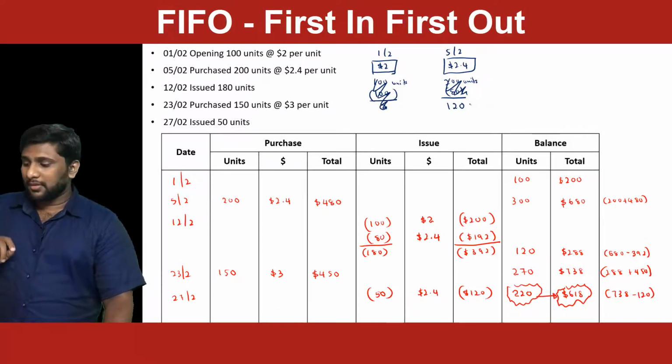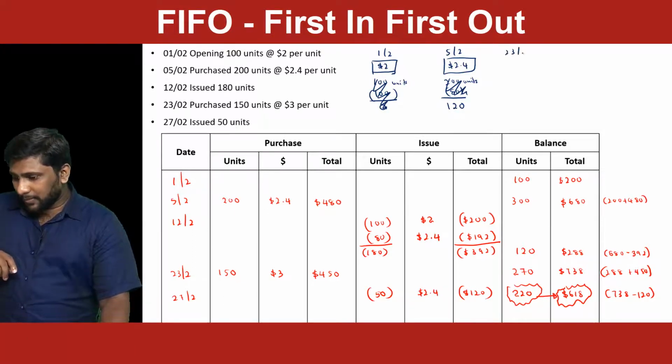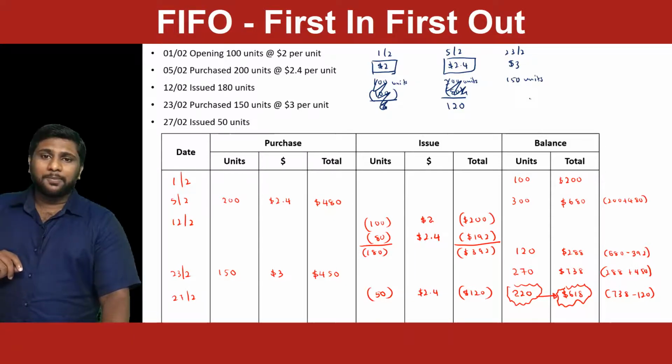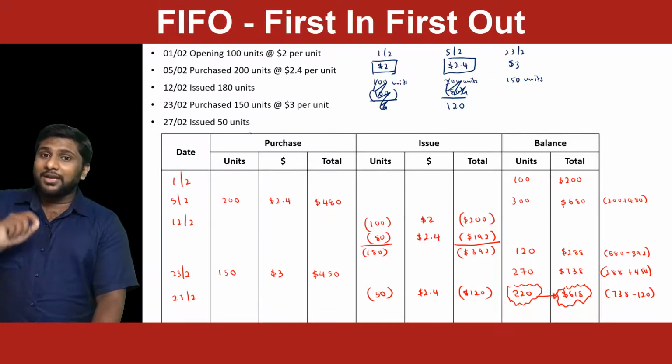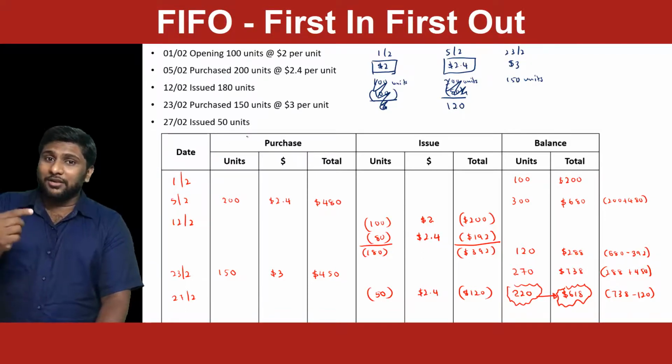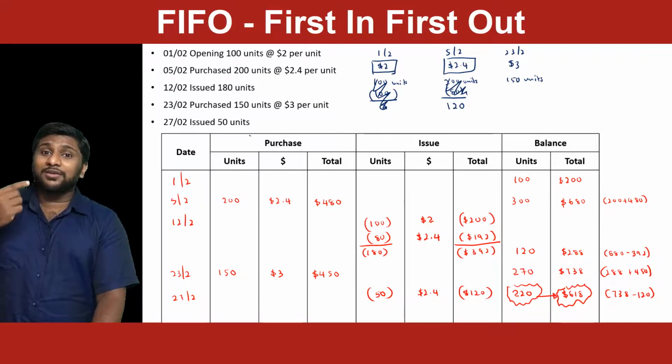Done. Next, 23rd February, you are purchasing $3 worth materials. How many units are you purchasing for that one? 150 units. Okay. And you are making an issuance on 27th February. Again, you are going to make an issuance. I said when you are making an issuance, you have to see what's the material that you received first.